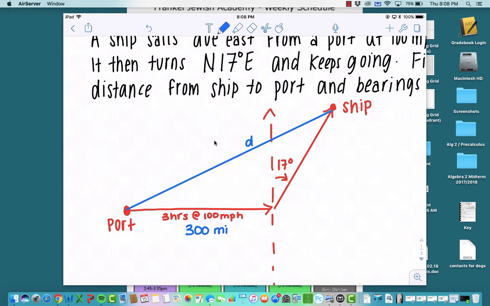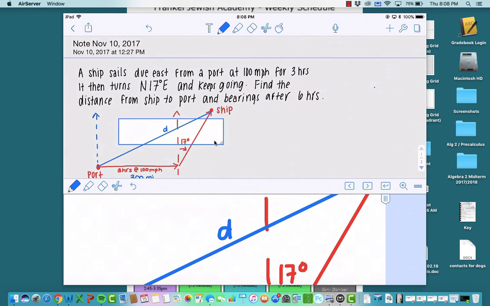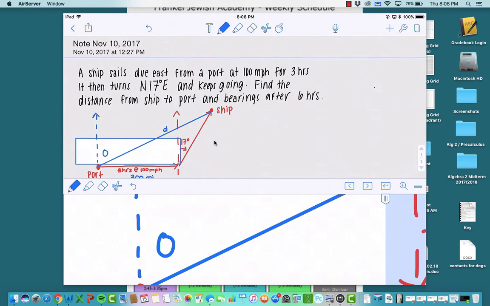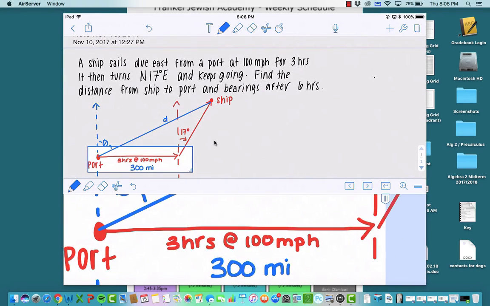And the bearings are always from that north-south line. So I'm going to sketch that again. I'm actually looking for this right here, theta, because it's the degrees between the north-south line and the direction I'm traveling.